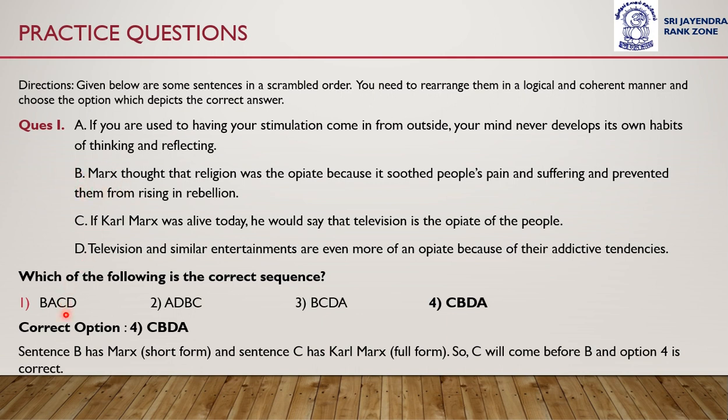While checking options, we will find that in option 1, B is preceding C, so it is eliminated. In option 2, B is again preceding C, therefore option 2 is also cancelled. In BCDA, B is preceding D, which is not correct, therefore this is also an incorrect option.